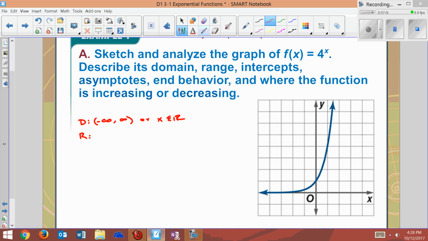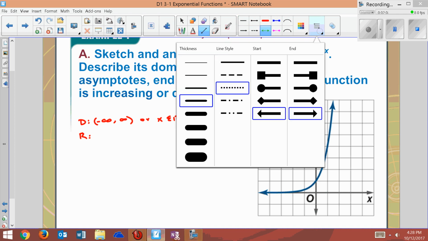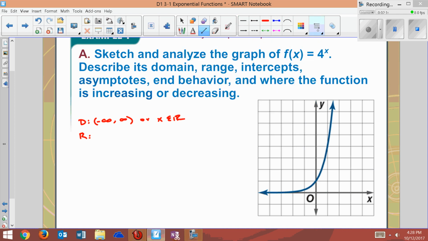This approaches an asymptote. I know this is kind of a rule breaker, that usually if we have a horizontal asymptote, both ends of the graph will approach that asymptote. With exponential functions, that's not the case. So we're actually going to say about the range is it goes down to 0 and up to positive infinity, but it does not equal that horizontal asymptote. So that would be how you would write that.